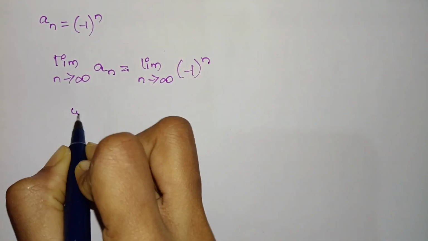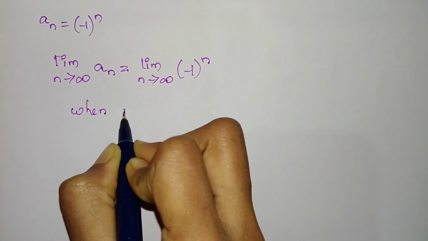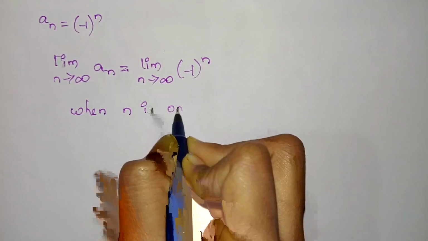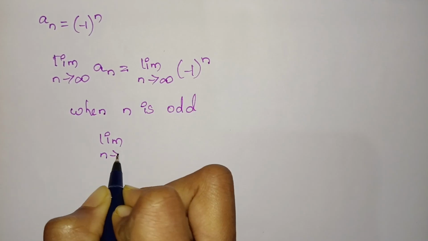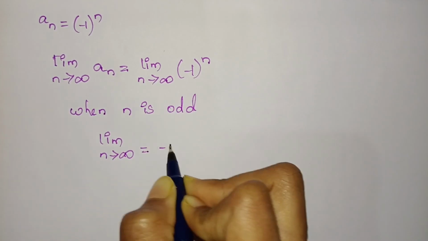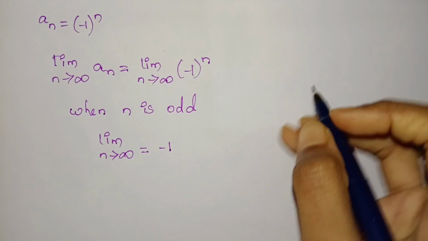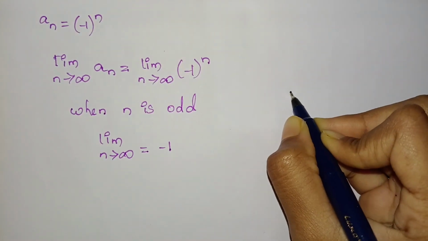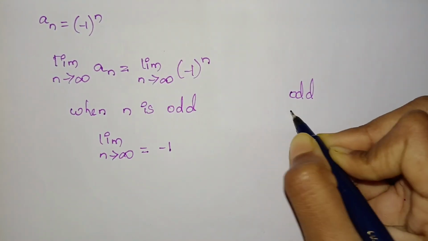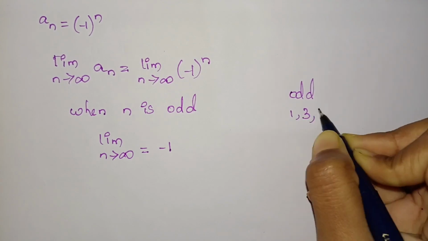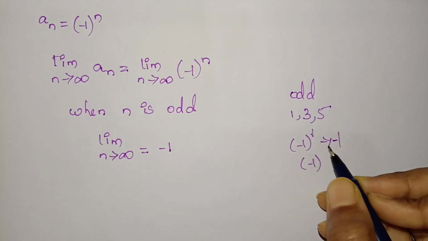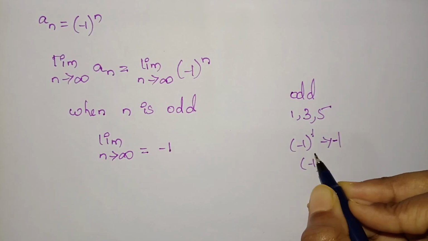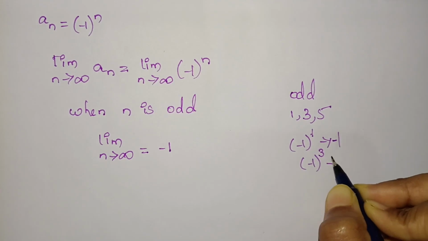So when n is odd, then the limit is equal to minus 1. Why? Because if we consider odd numbers like 1, 3, 5, then (minus 1) to the power 1 is minus 1 and (minus 1) cubed is also minus 1.